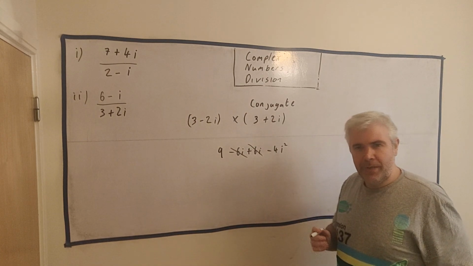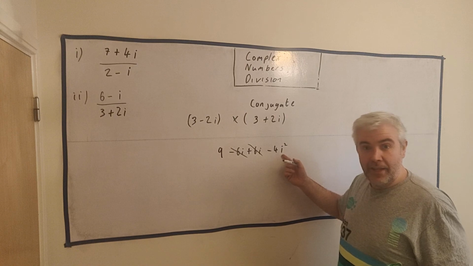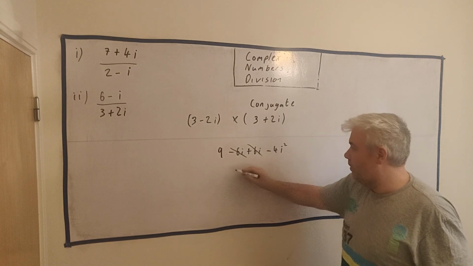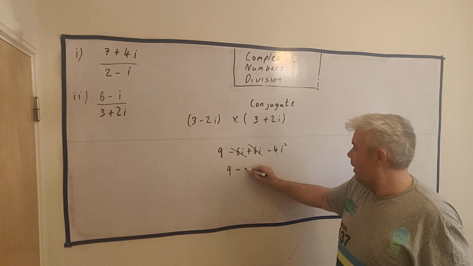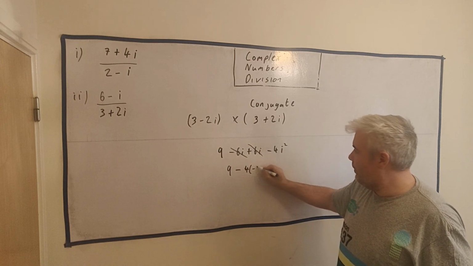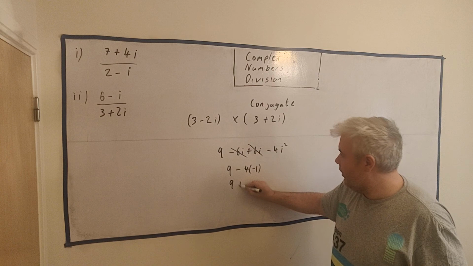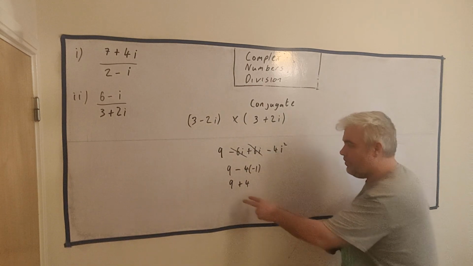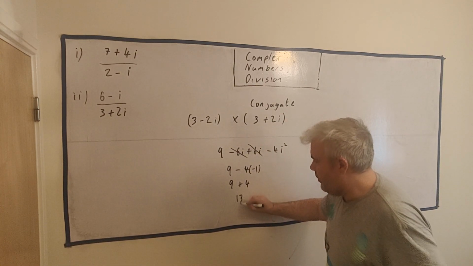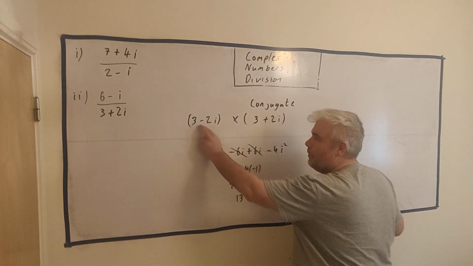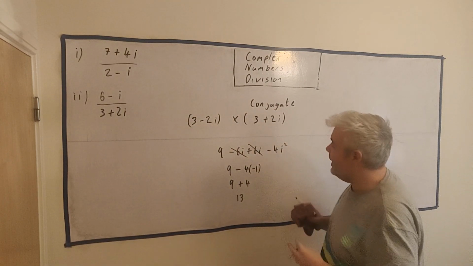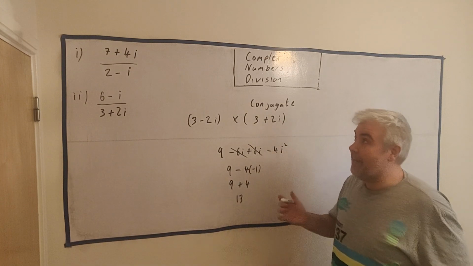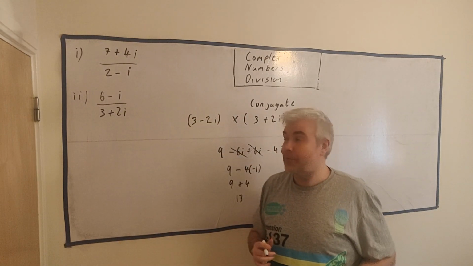But what's interesting in complex numbers is that when we have an imaginary number squared, this is 9 minus 4 multiplied by minus 1, which is 9 plus 4. We get two real numbers, which is 13. So instead of having a real part and an imaginary part, we're now down to just one real part. So that's the conjugate, and we're going to use that to solve dividing.